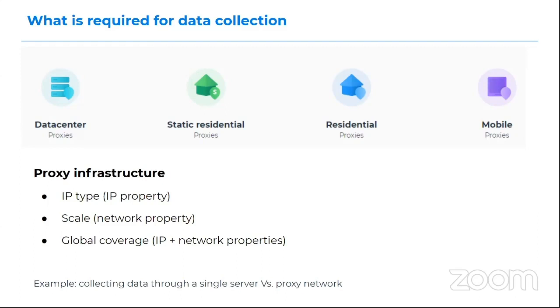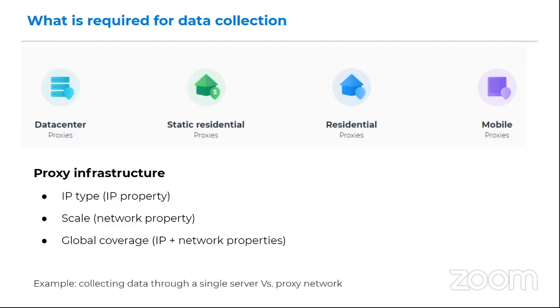One of them is data center IPs, which are traditionally used for servers, and the second type is residential IPs, which are used for homeowners or real people. Later on, mobile joined as well, also representing a real person. Both types are legitimate and have their own natural ways of being used.